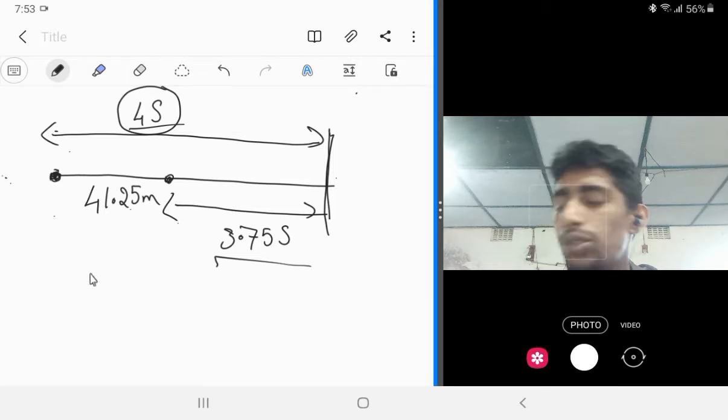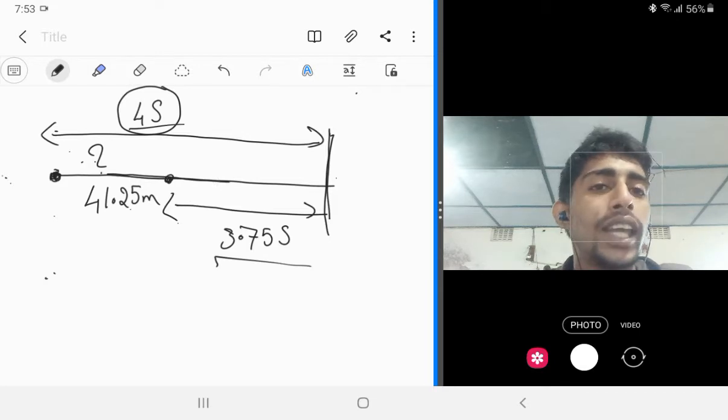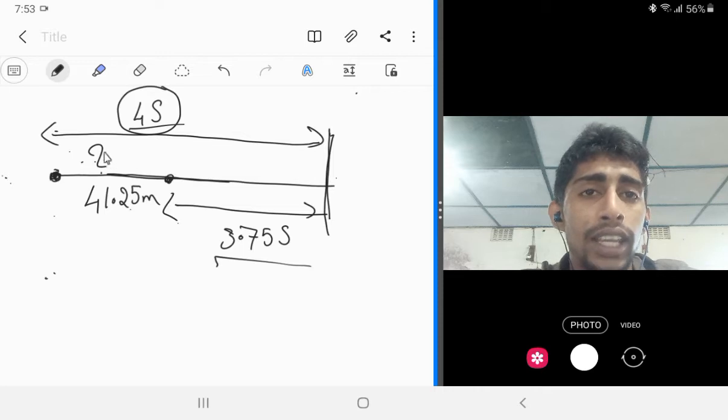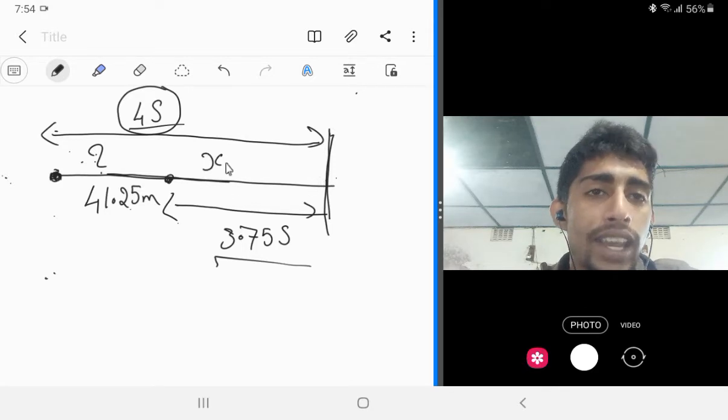Firstly we have to find out the speed of sound, and the second one, the distance of the man from the cliff at the initial position. That means we have to find out this distance. Take the distance between the man's initial position and the cliff as x.